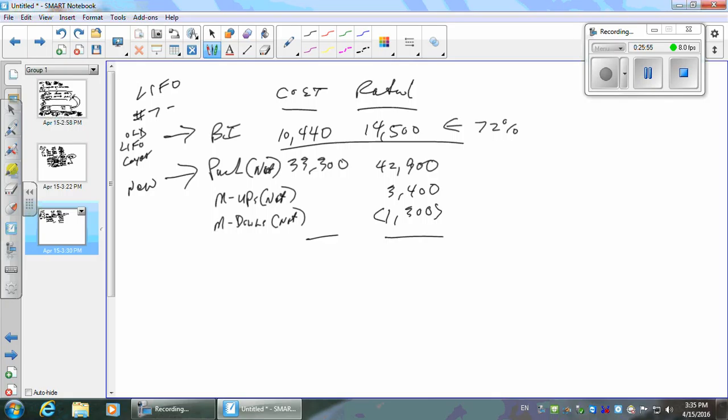Okay. So what do we have added this period? This is what was added, right? We started with beginning inventory, then we added this. Cost 33,300. Would you agree with that? And the retail is 42,900 plus 3,400 less 1,300. What is that? 45,000.